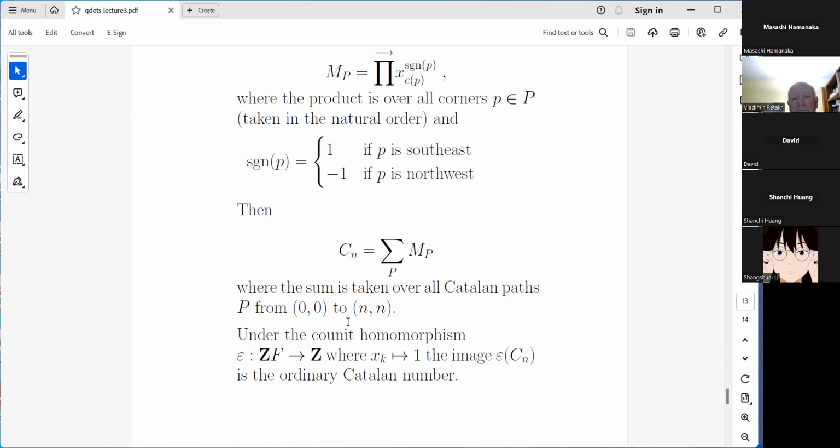And the same, you can have this homomorphism when xk goes to 1, and then the image of this Catalan number is the ordinary number.